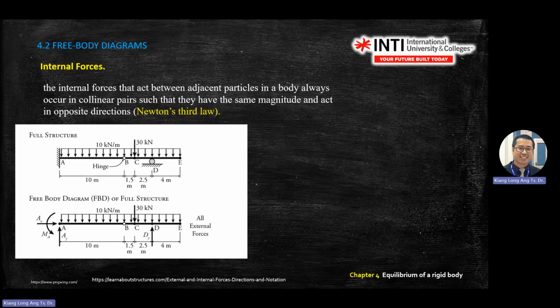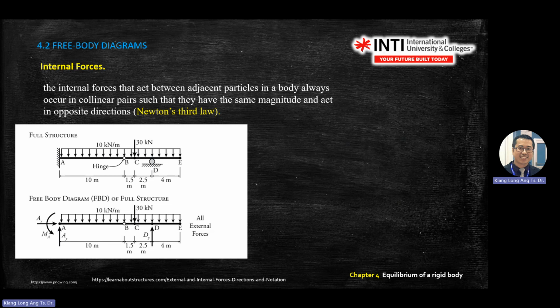Then you will see one reaction here. You are sitting on the round bodies, right? You imagine you're sitting here, feeling something punching your body, so there's a force pointing up at point D. We learned about distributed load already, so don't confuse these two.